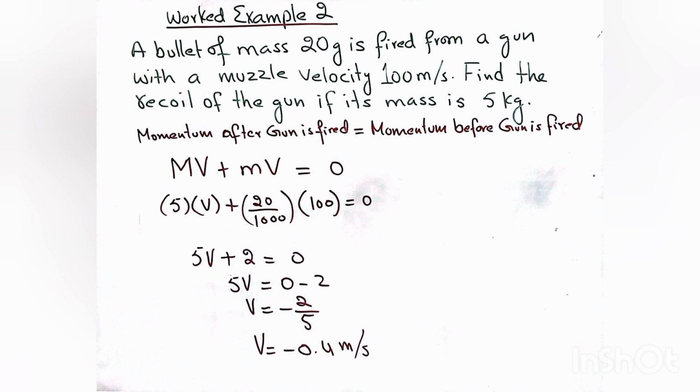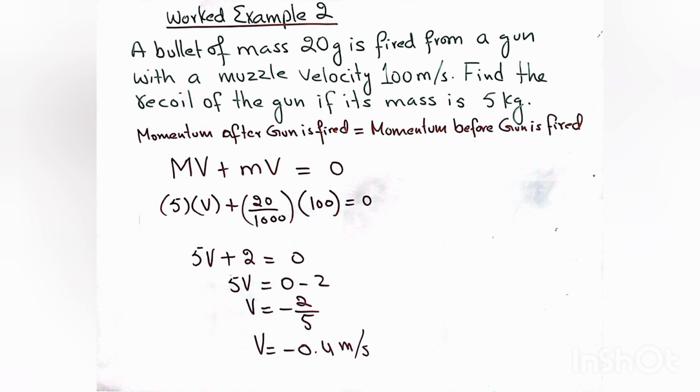Momentum before the gun is fired, because the gun is not moving and the bullet is not moving, will be zero. But the momentum after the gun is fired will be capital M multiply capital V plus small m multiply small v.